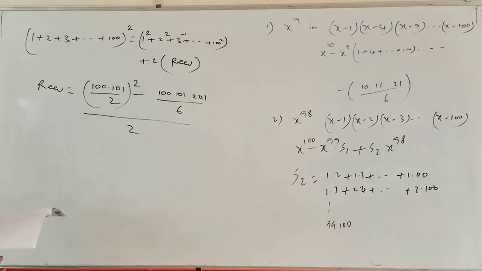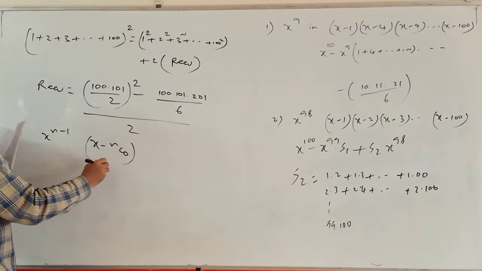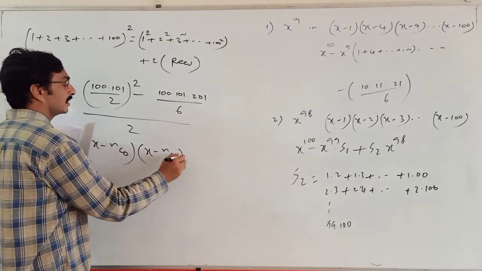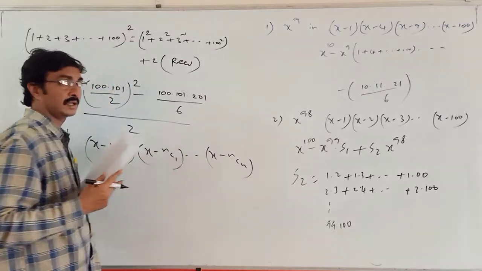Next, third one. The coefficient of x power n minus 1 in the product (x minus nC0)(x minus nC1) and so on (x minus nCn).